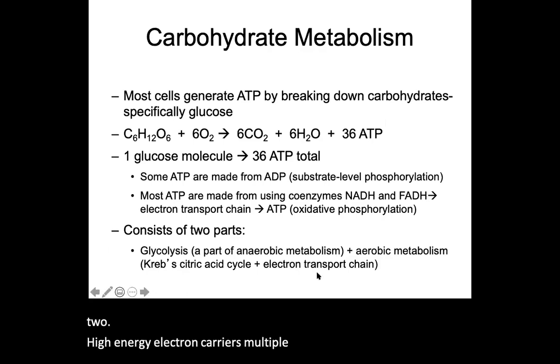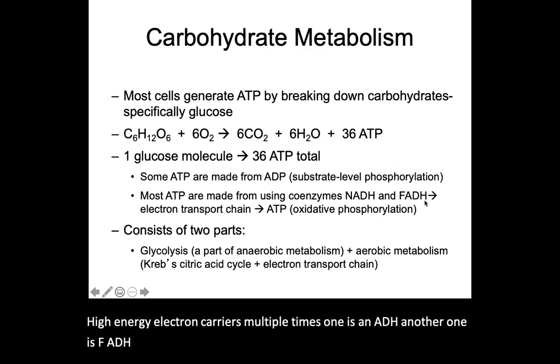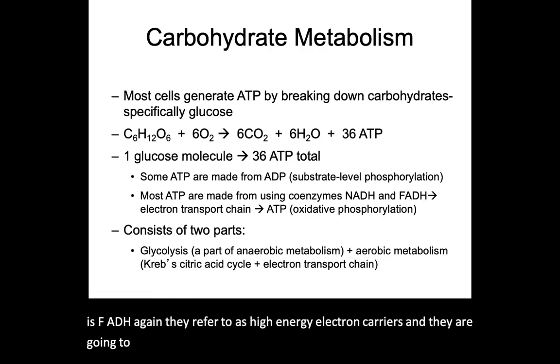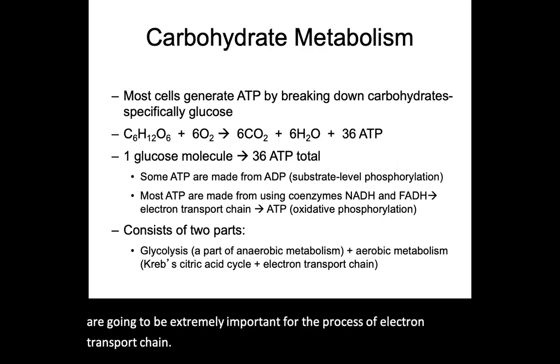One is NADH and the other one is FADH. Again, they're referred to as high energy electron carriers, and they are going to be extremely important for the process of the electron transport chain, which produces the majority of the ATP for your body.